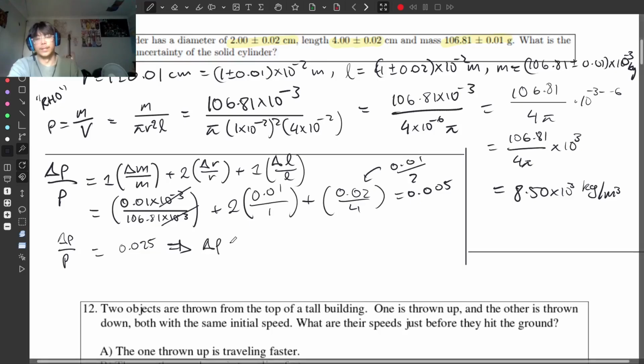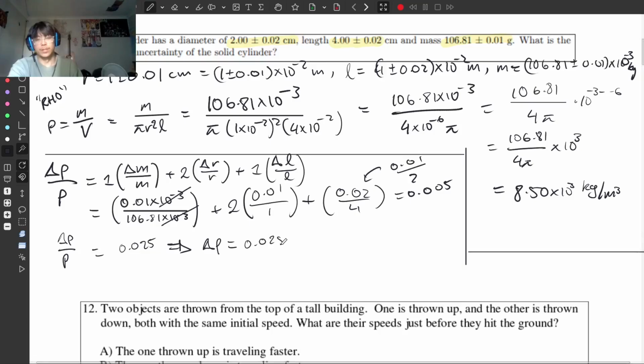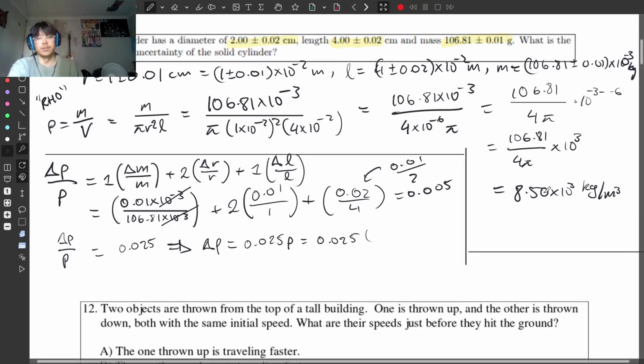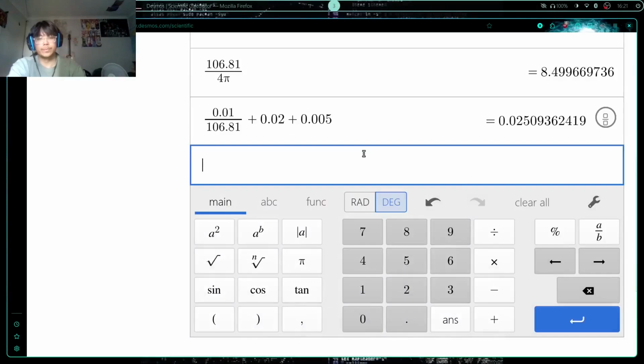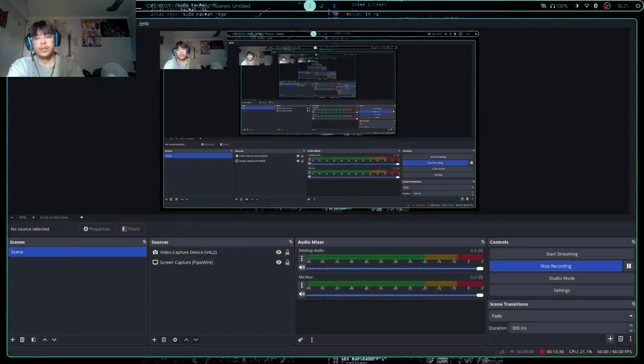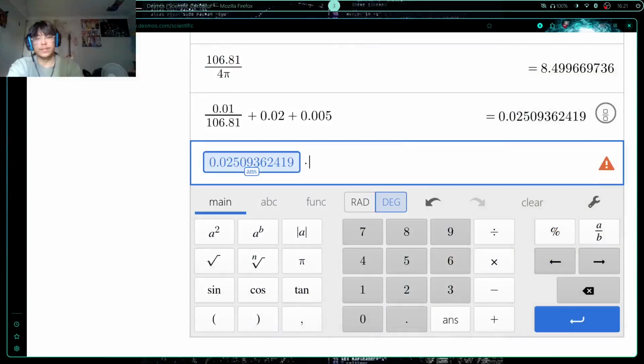So we get our delta density to be equal to 0.025 times density, which is 0.025 of this value that we calculated here, so 8.5 times 10 to the 3.